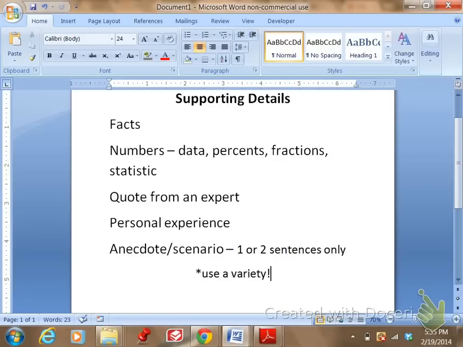All right, make sure you get each one of these types. For supporting details, use things like facts. You want to use any type of number, any data, percents, fractions, statistics. All of that will look good in a body paragraph.